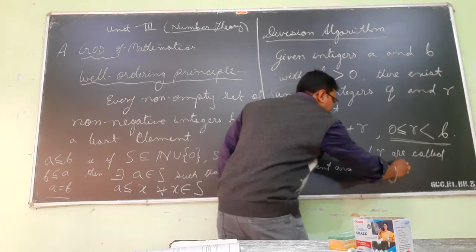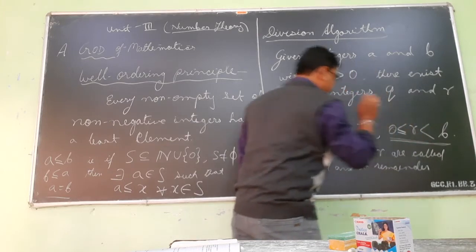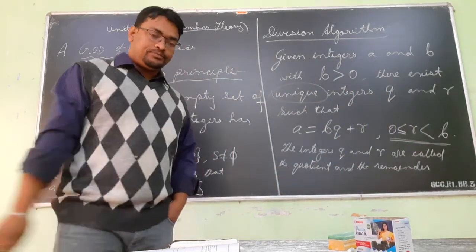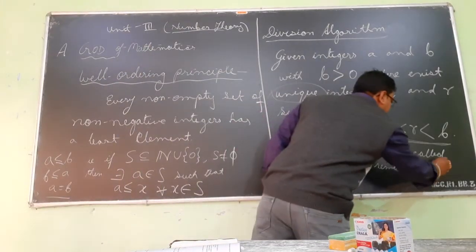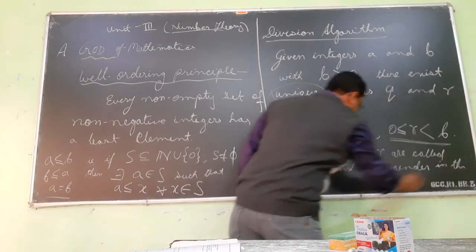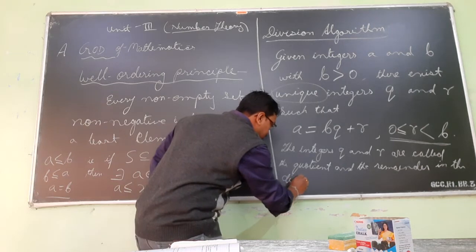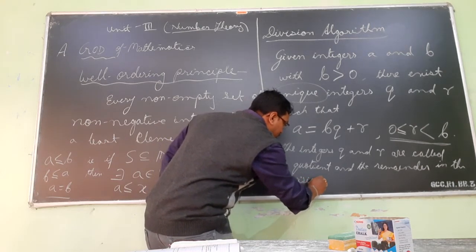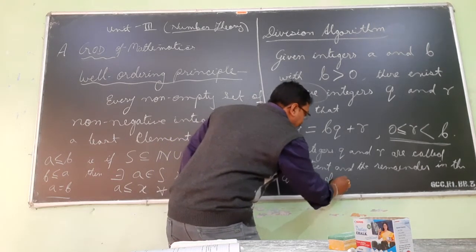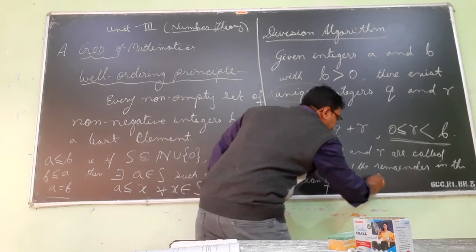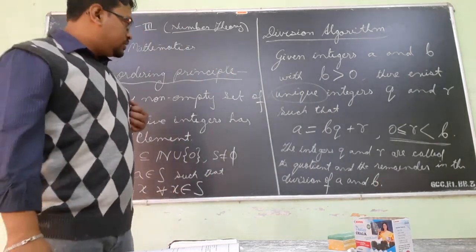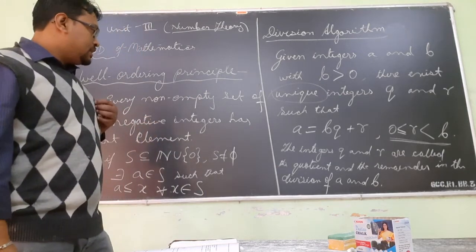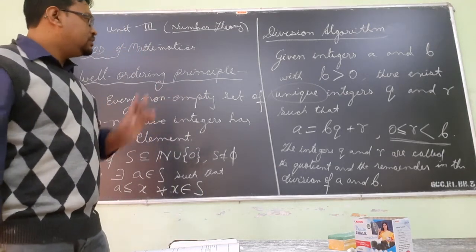Because they are unique, we write it as the remainder in the division of a and b. The integers q and r are called the quotient and the remainder in the division of a and b.